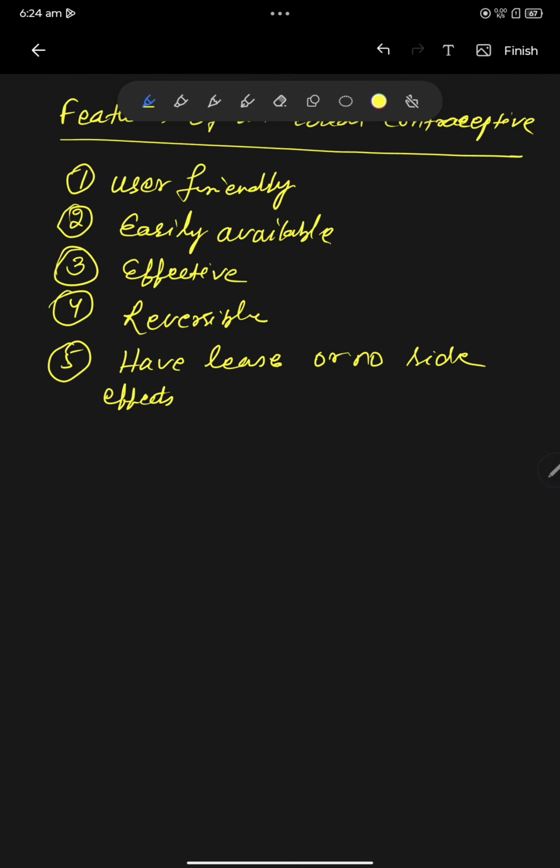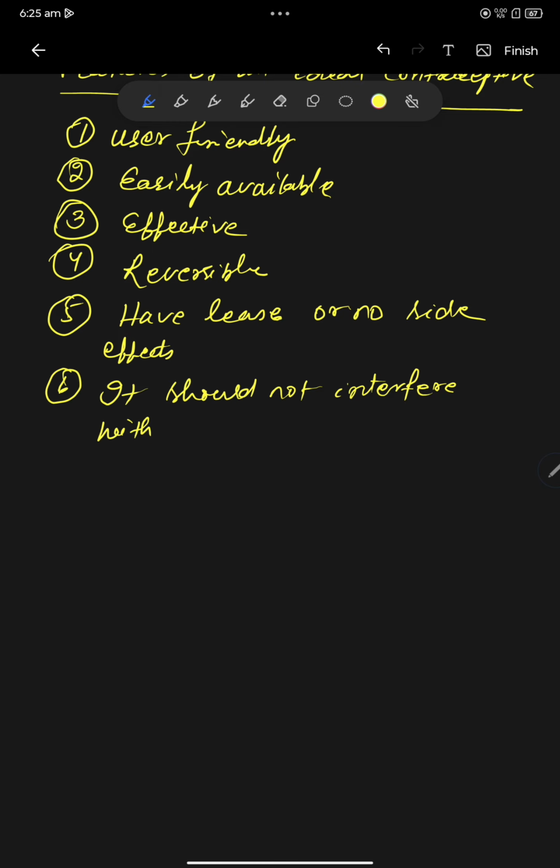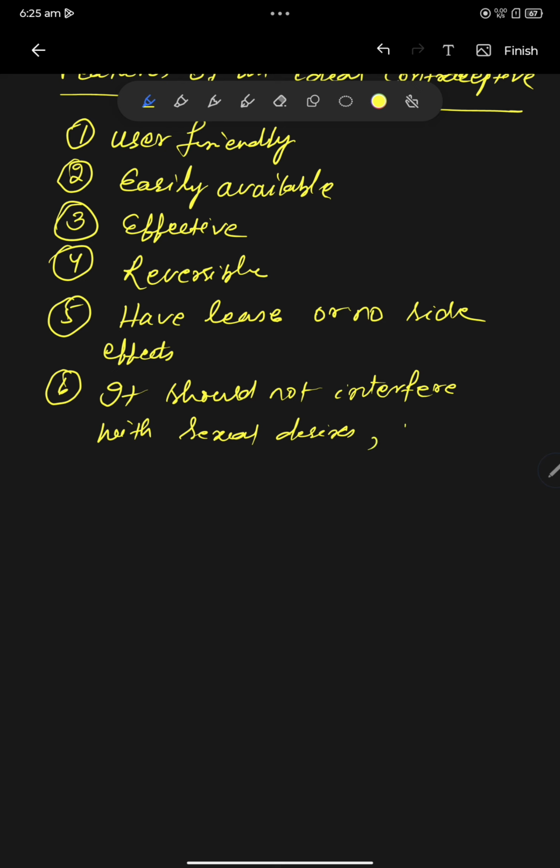And the sixth one is it should not interfere with sexual desires, sexual drives, or the sexual act.